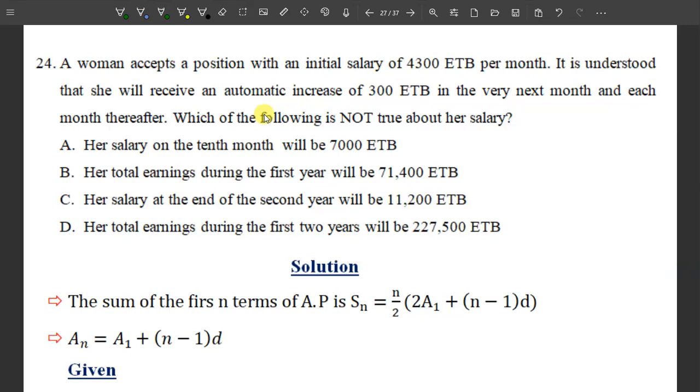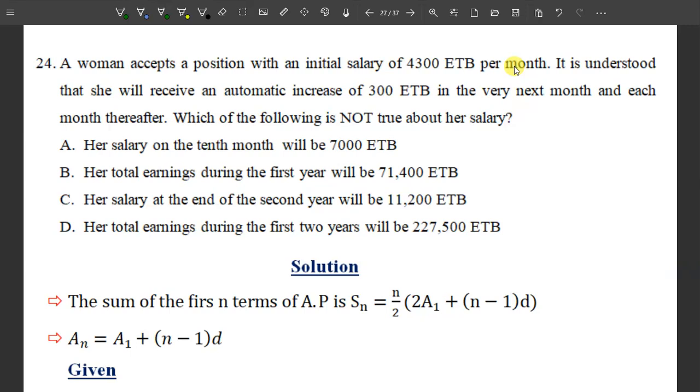sequence. Since a woman accepts a position with an initial salary of 4,300 Ethiopian birr per month, and thereafter she will receive each month an extra 300, then this should be an arithmetic.